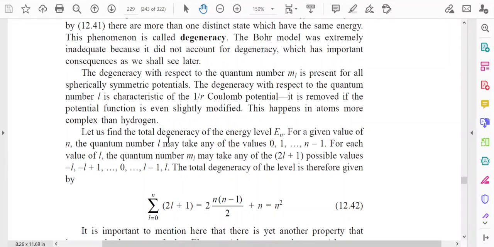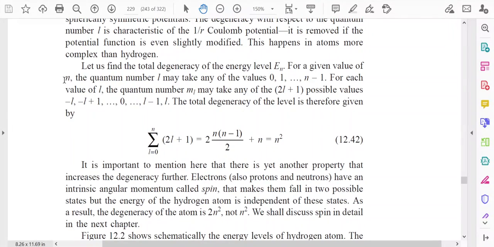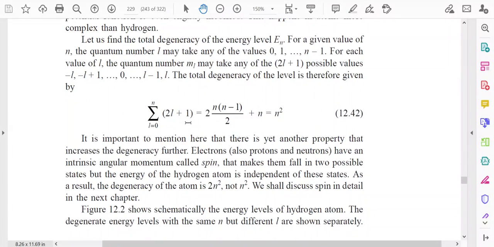Now let us find the total degeneracy of the energy level E_n. So how to find that? We know that for a given principal quantum number n, the quantum number l can take values starting from 0 to n minus 1. Again, for each value of l, the quantum number m_l can take 2l plus 1 possible values. So the total degeneracy will be the summation of (2l plus 1), where the range of l is 0 to n minus 1.